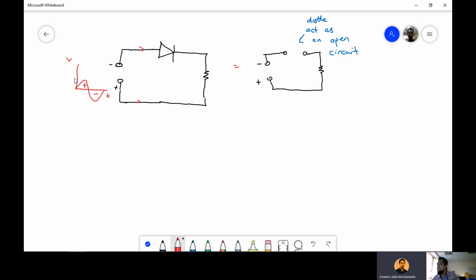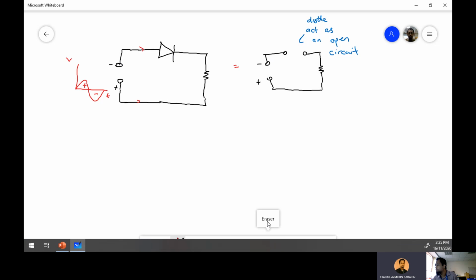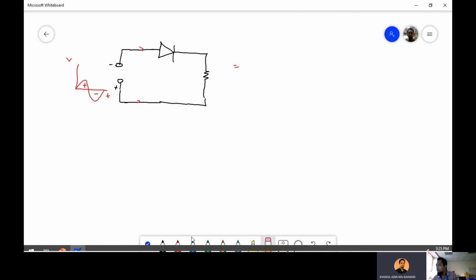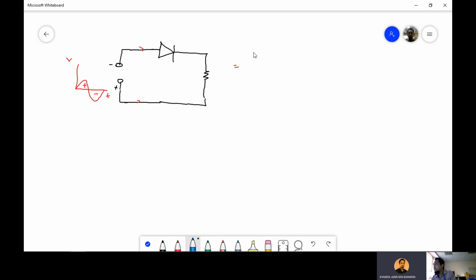Okay, so the original waveform has a positive cycle and negative cycle. What will happen now is that it is only going to allow the current flowing during the positive cycle only, or the voltage at the positive cycle only.